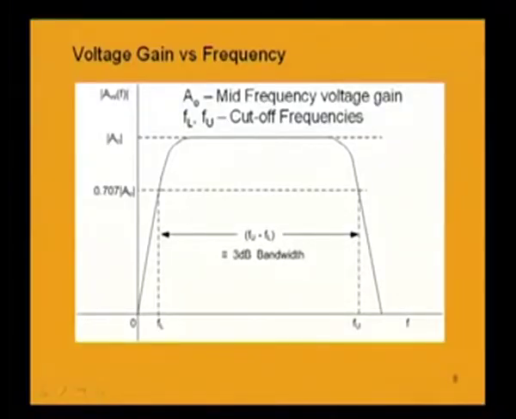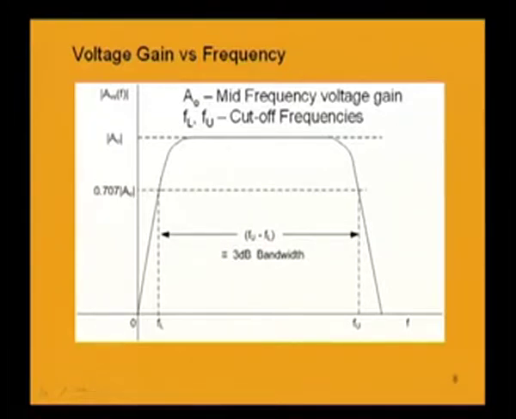So if we now plot the voltage gain of an amplifier versus frequency, we get a curve like this. Focus on this curve in the mid frequency range, where we get the flat portion of the curve. We are plotting gain versus frequency, so frequency is varied from 0 onwards, and on the y axis we plot this voltage gain AVS.